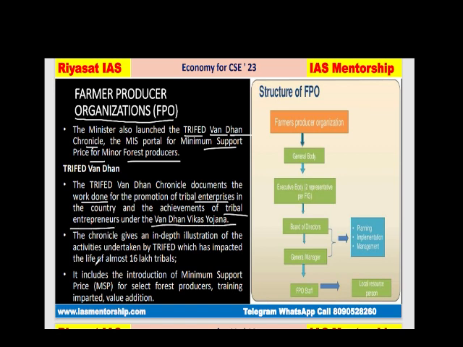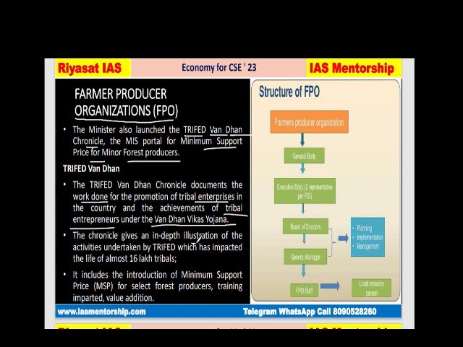This chronicle, what is a chronicle basically? What do you mean by chronicle? In general English terms, basically it's a written document, a record. In this record, what is given?